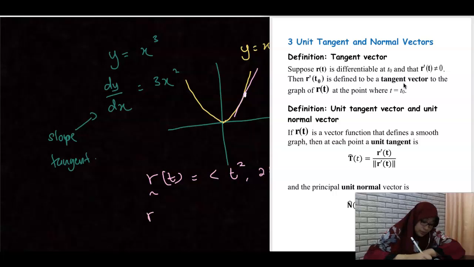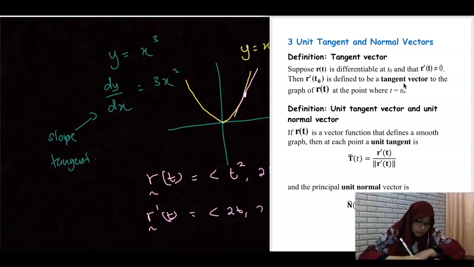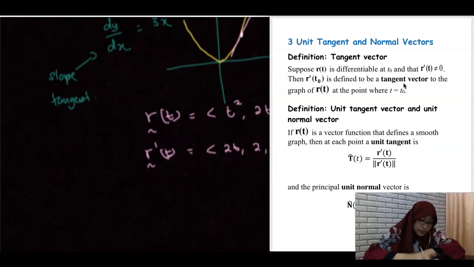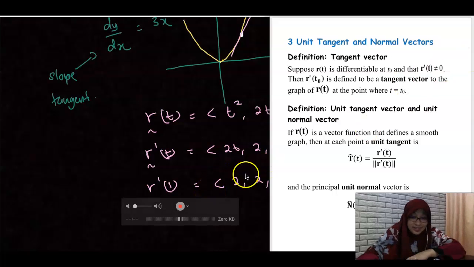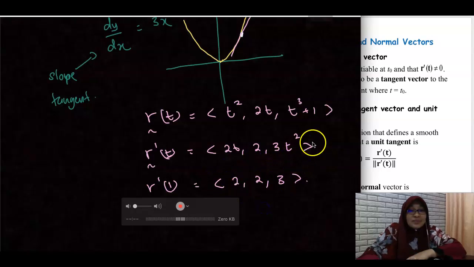When you compute r prime t, differentiating r with respect to t, you have 2t, 2, and 3t squared. If they ask you to compute r prime at t equal to 1, you get 2, 2, 3. This is called a tangent vector.